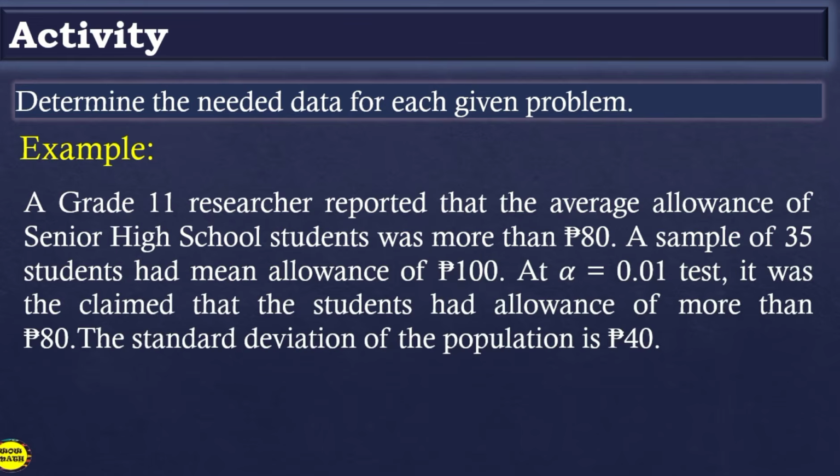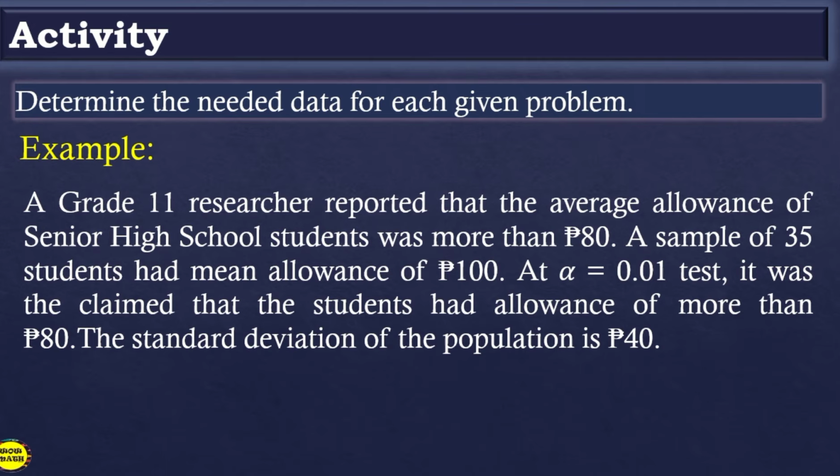For example, a grade 11 researcher reported that the average allowance of senior high school students was more than 80 pesos. A sample of 35 students had mean allowance of 100 pesos at alpha level of 0.01 tests the claim that the students had allowance of more than 80 pesos.